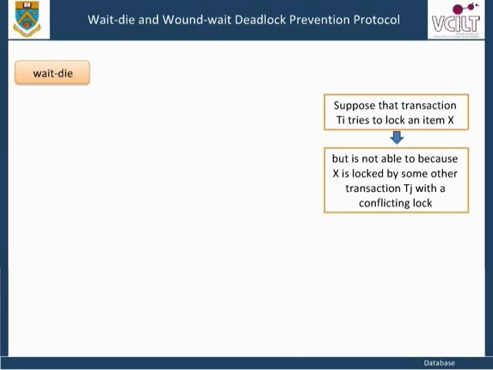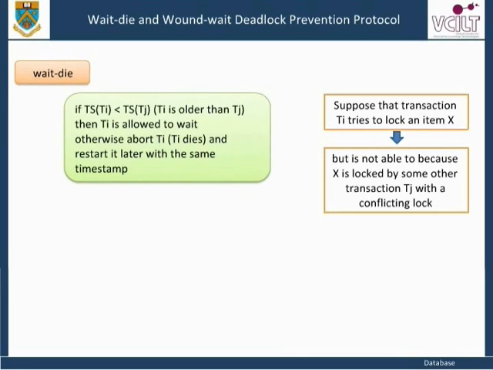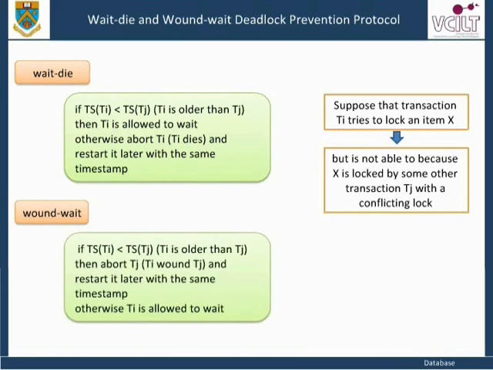Wait-die: if TS(Ti) is less than TS(Tj), that is, Ti is older than Tj, then Ti is allowed to wait, otherwise abort Ti (Ti dies) and restart it later with the same timestamp. Wound-wait: if TS(Ti) is less than TS(Tj), that is, Ti is older than Tj, then abort Tj (Ti wounds Tj) and restart it later with the same timestamp, otherwise Ti is allowed to wait.